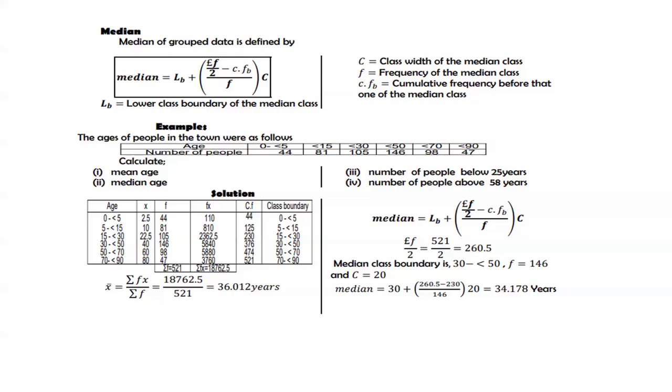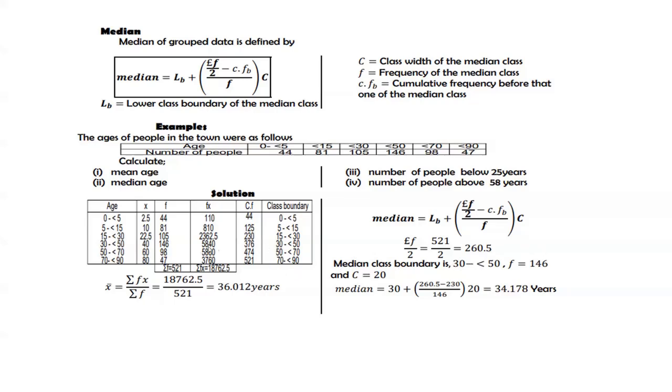You look for a value that is so close to 260.5. So 230 is far away and even less than 260. You will need to go to a value which is at least slightly higher than 260.5. It is the one that will contain that class that you are looking for. So 376 is the one that has that 260.5.